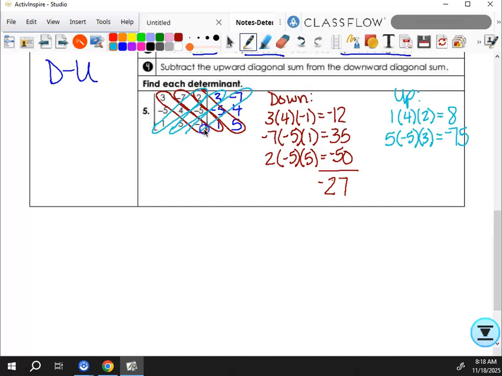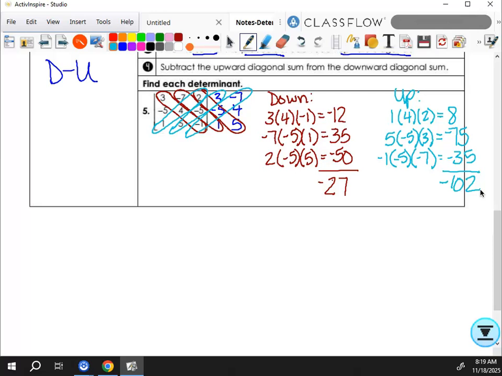Then this one is a -1 times 1. Nope, I'm sorry. Times -5 times -7. So that is a -35. So I think that's a -102. Somebody check me on that.